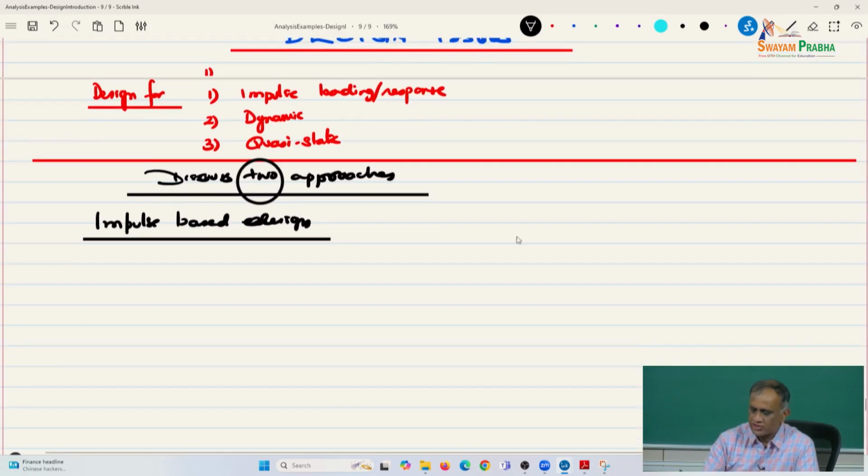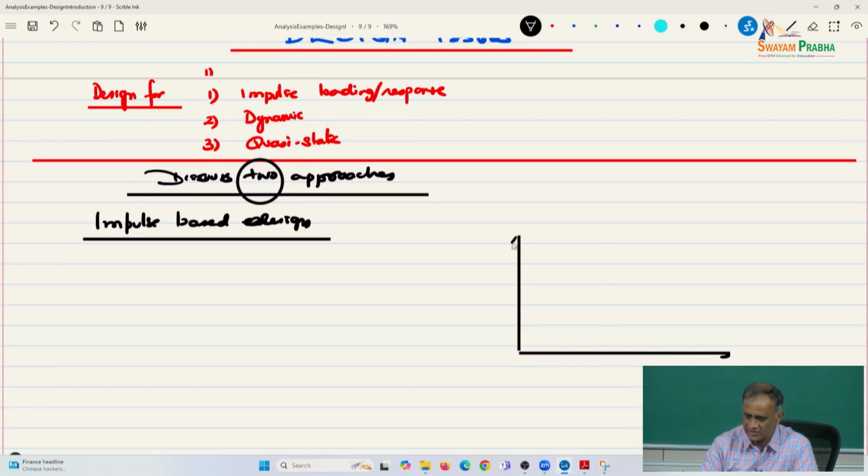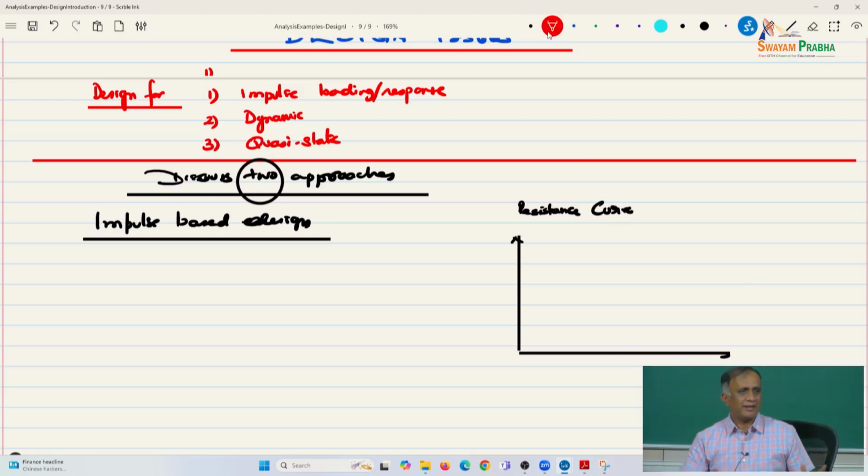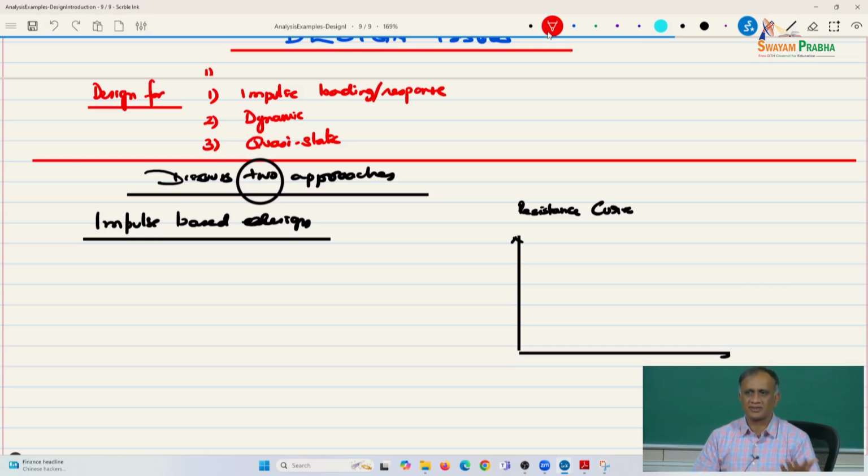The response. If you look at the resistance curve, the resistance curve is also going to be your response. That is another idea, again coming from a static world where you think the response is based on structural analysis.